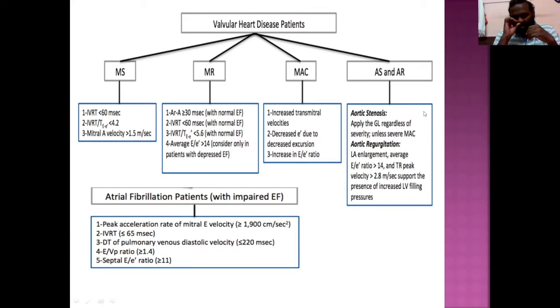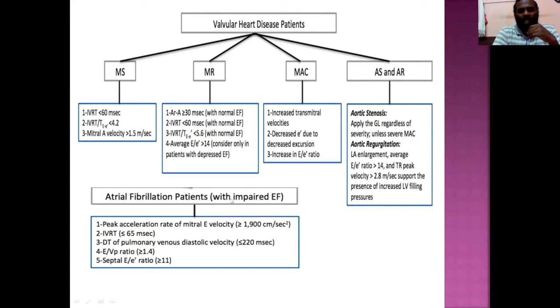In AS and AR, you can go with the regular flowchart that was mentioned previously, but you should be careful about mitral annular calcification in case of calcific AS, because when the annulus is calcified, your E prime excursion is decreased. Apart from this, in aortic regurgitation, premature closure of the mitral valve or diastolic MR or abrupt cessation of the diastolic filling will tell you that LA pressures are increased.